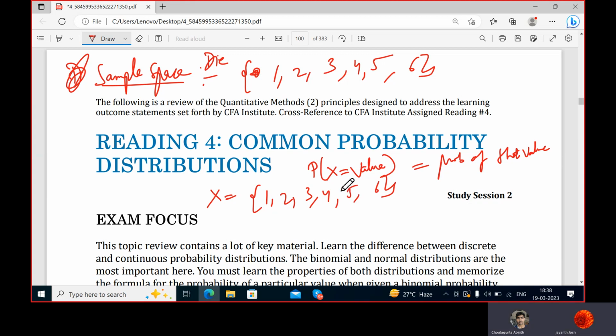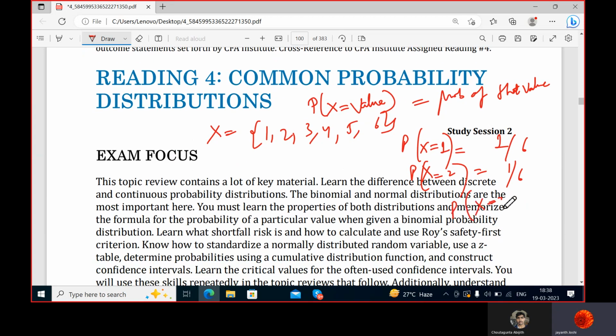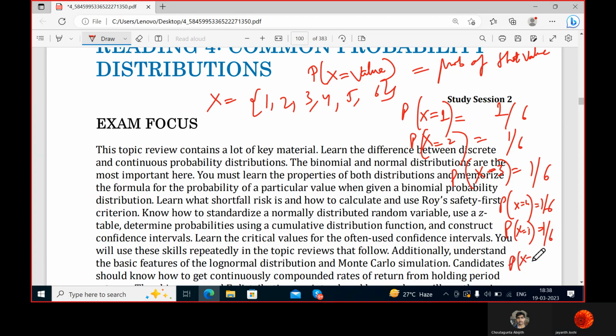And for these 6 outcomes, there can be some probability. So the probability of x being 1 is what? Probability of x being 2 is 1 by 6. Probability of x being 3 is the same. X being 4? X being 5? X being 6? So now I have all the probabilities.